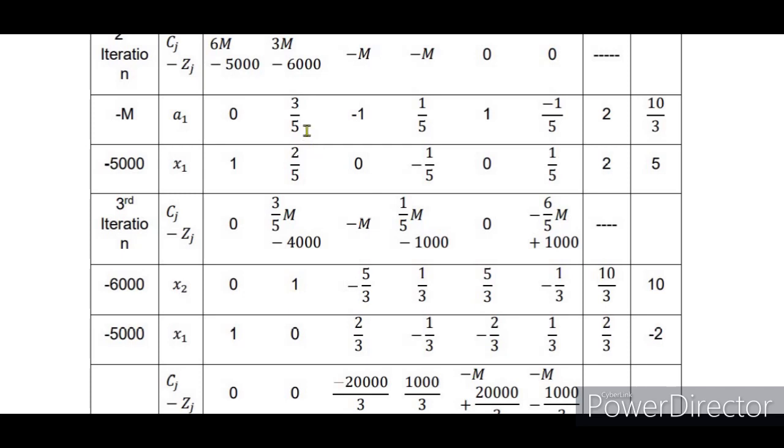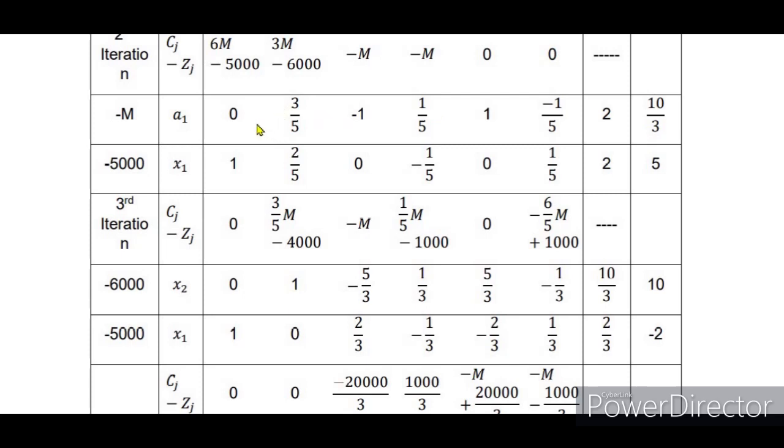So what is the pivot element here? The pivot element is 3/5. Why is it the pivot element? Because it lies in the intersection between the highest positive value of cj minus zj and the lowest value of theta. Okay, so it is in the intersection.